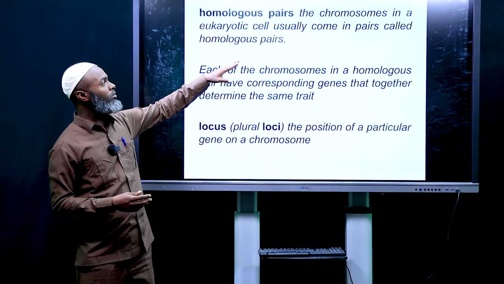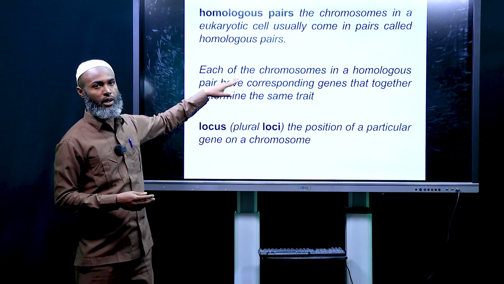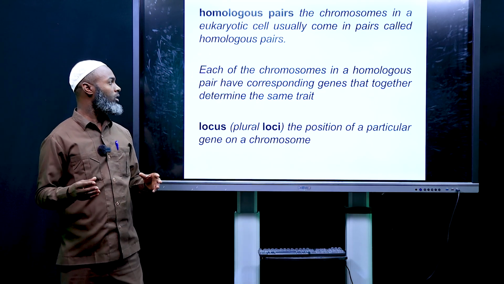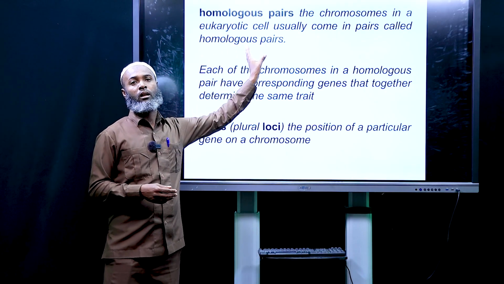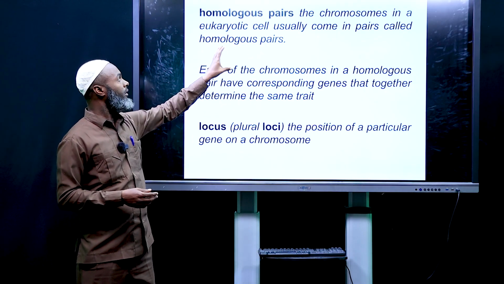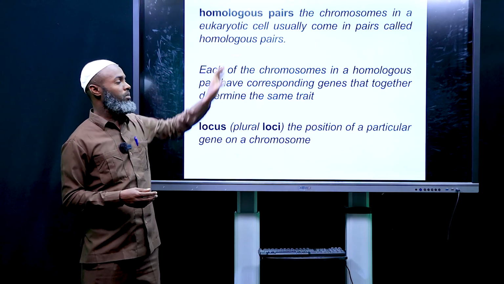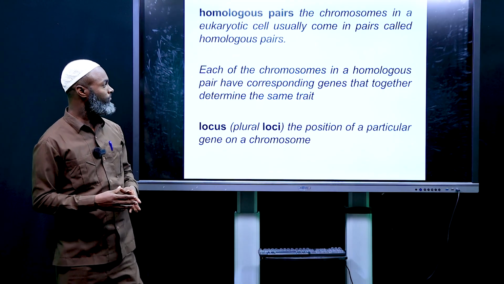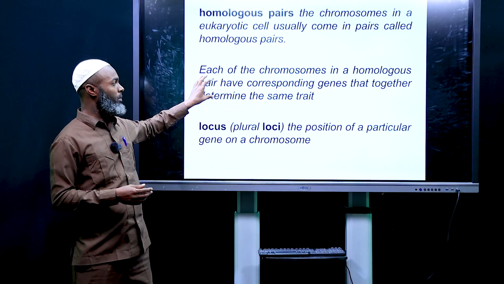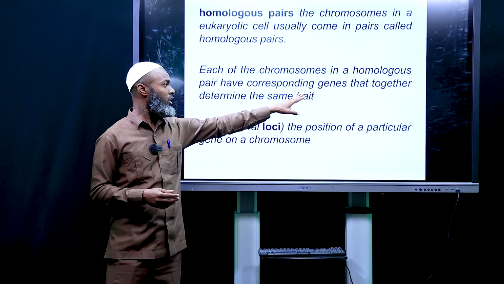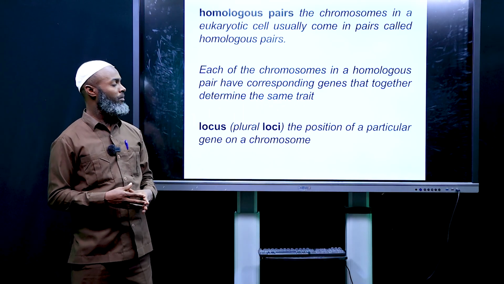Homologous pairs: the chromosomes in a eukaryotic cell usually come in a pair called a homologous pair. Each chromosome in the homologous pair has corresponding genes that together determine the same trait.